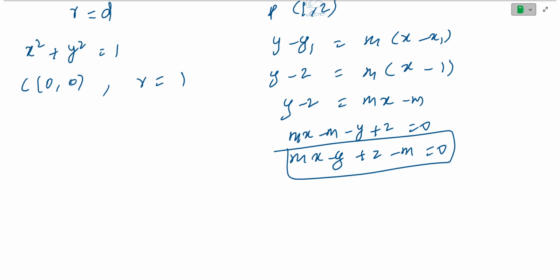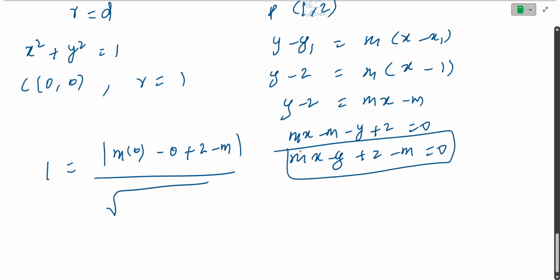The r value here is 1. So the distance d is equal to the mod of, substituting 0 comma 0 in the place of x and y in the straight line expression, m times 0 minus 0 plus 2 minus m, whole divided by the under root of the x coefficient m square plus the y coefficient minus 1, whole square.